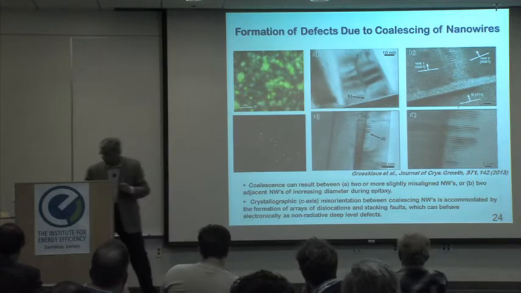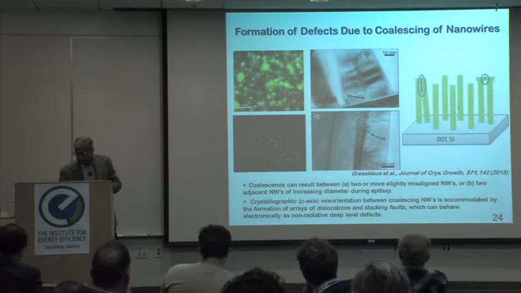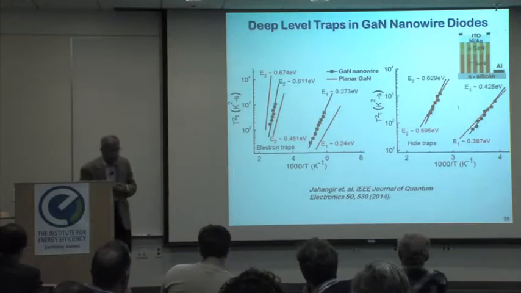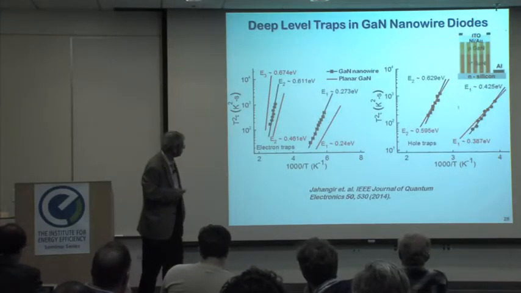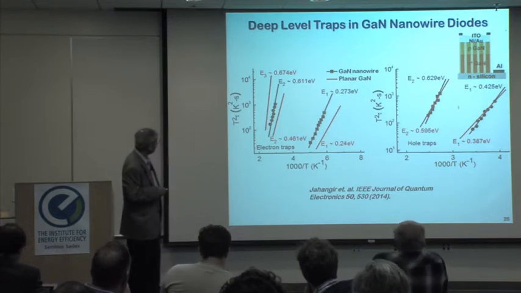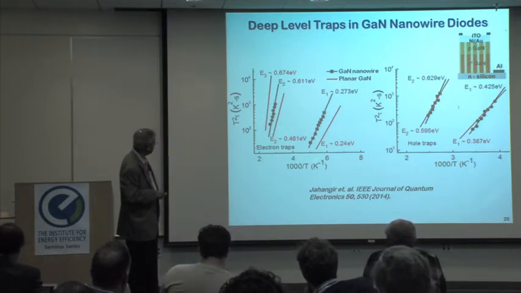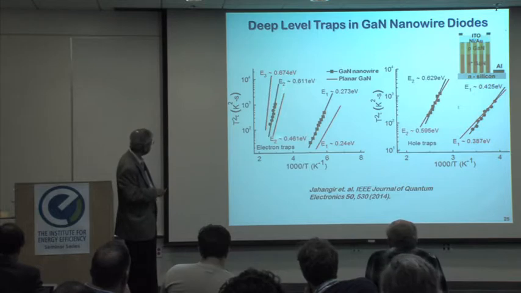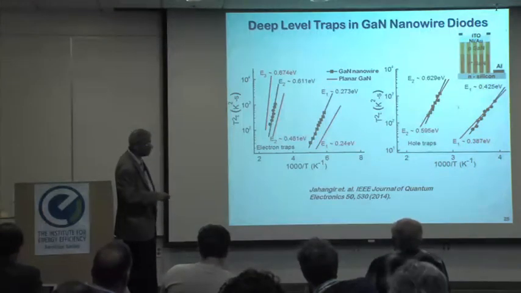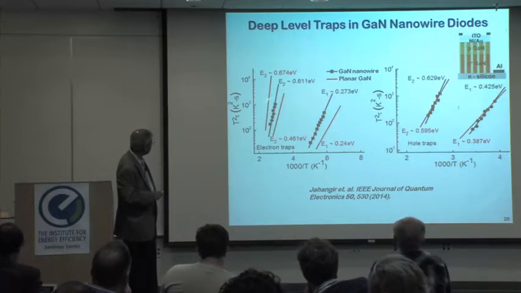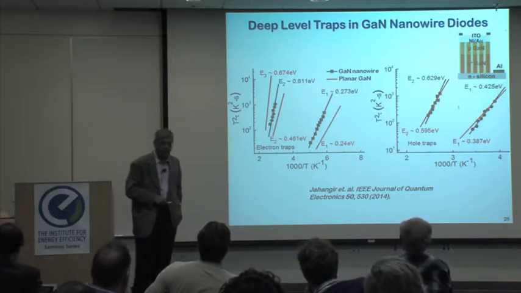So we did DLTS measurements on these nanowires, made Schottky diodes, and then measured electron and hole traps, and lo and behold, we do see these very dominant electron and hole traps, which are almost the same as those observed in bulk GaN.